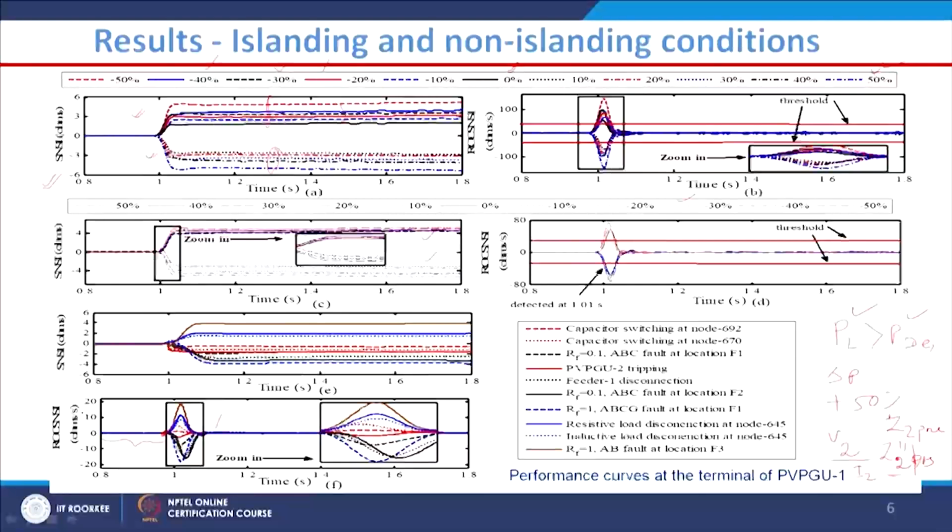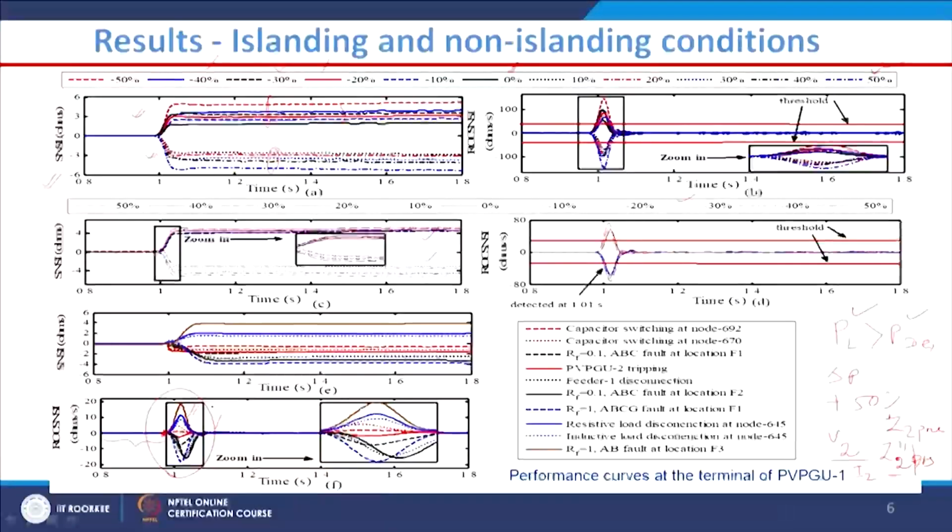And that is why the rate of change of SNSI up to the inception of the islanding event is 0. When the islanding event has occurred, there is a remarkable change in the rate of change of the negative sequence superimposed impedance. By exploiting this change, we will decide whether the islanding relay is going to give a trip command or not, right.